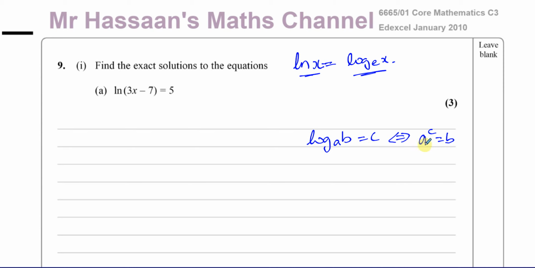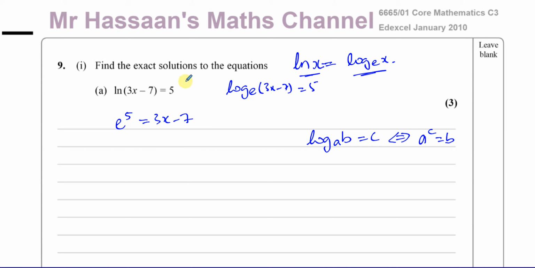So this can be rewritten as a to the power of c equals b. As we know, this is log to the base e, so this can be rewritten as e to the power of 5 equals 3x minus 7. Remember, this is the same as saying log to the base e of 3x minus 7 equals 5.